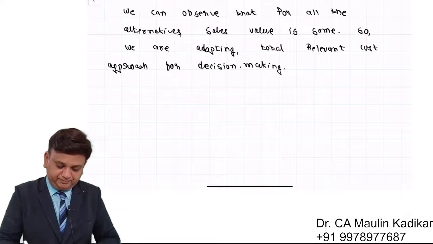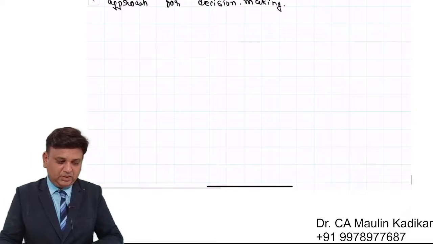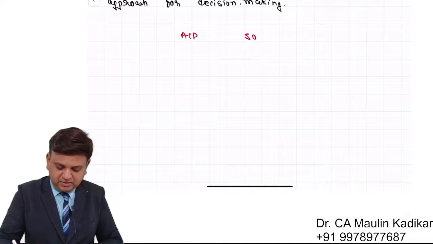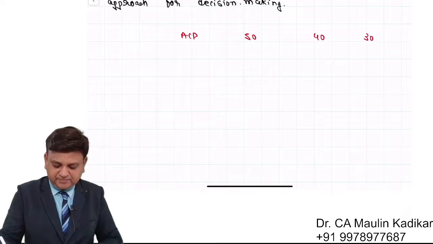So the average collection periods are 50 days, 40 days and 30 days.